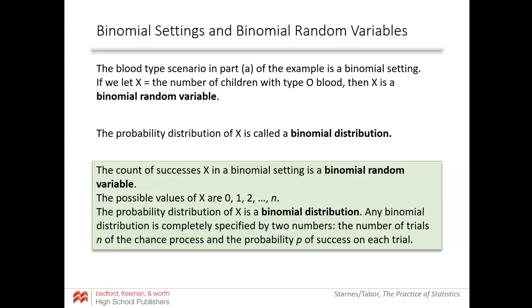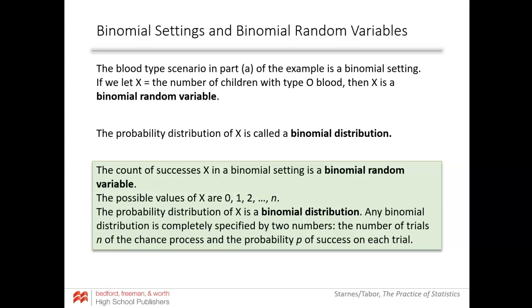The possible values of X are 0, 1, and then it goes on until you hit the number n. So for our blood type question, there could be 0 children with blood type O, 1 or 2 or 3 or 4, all the way up to 5. That's where it ended. The probability distribution of X is a binomial distribution. We talked about that.